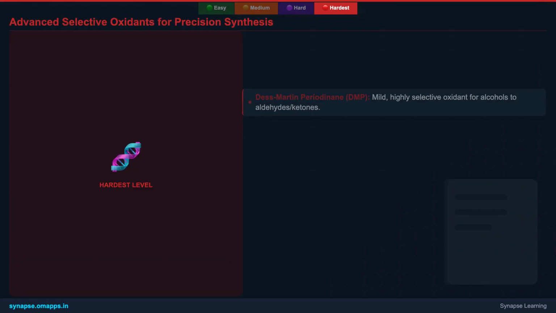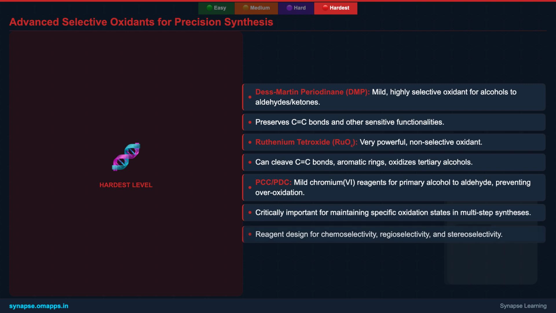At the competitive level, choosing the right oxidant is less about what it oxidizes and more about what it oxidizes selectively. Dess-Martin periodinane, or DMP, is a modern hero in organic synthesis. It's incredibly mild and selective, oxidizing alcohols to aldehydes or ketones without touching other sensitive groups. Imagine preserving a double bond while oxidizing an alcohol.